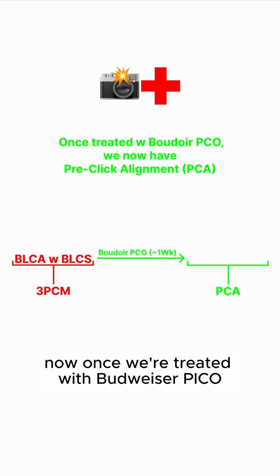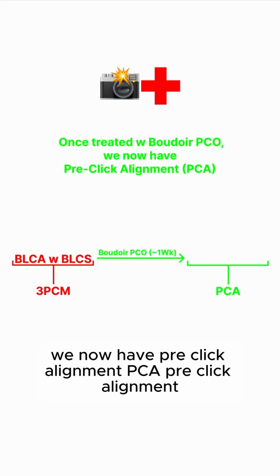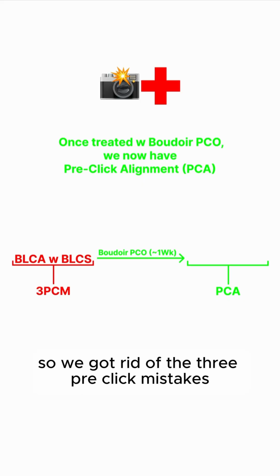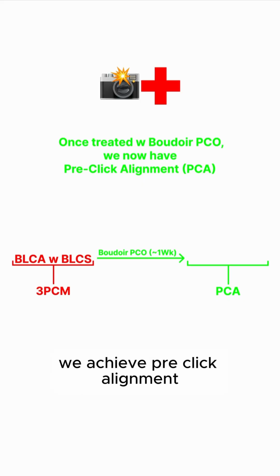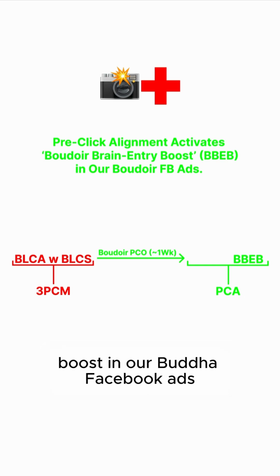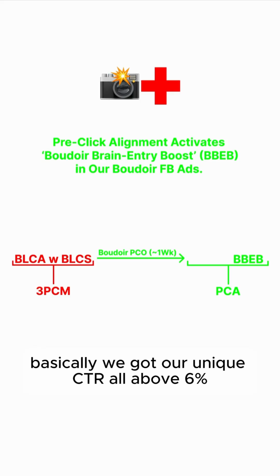Now, once treated with Boudoir Pico, we have pre-click alignment, PCA. So we got rid of the 3 pre-click mistakes, we achieve pre-click alignment, and pre-click alignment activates Boudoir brain entry boost in our Boudoir Facebook ads. Basically, we got our unique CTR above 6%.